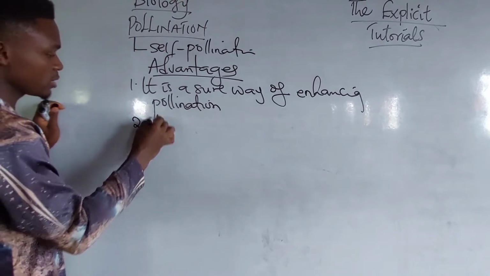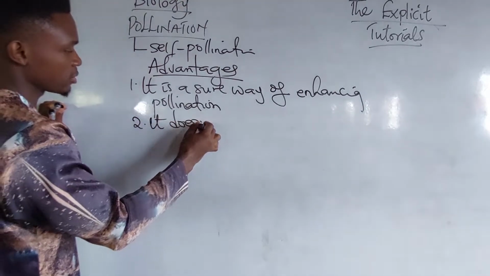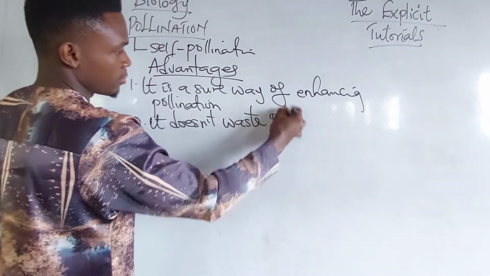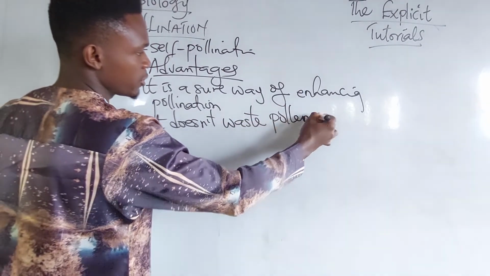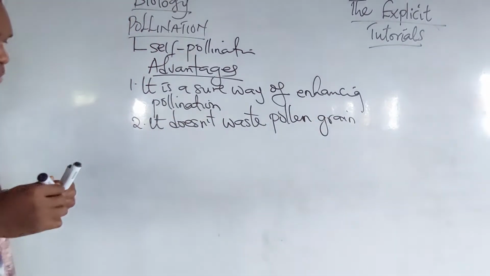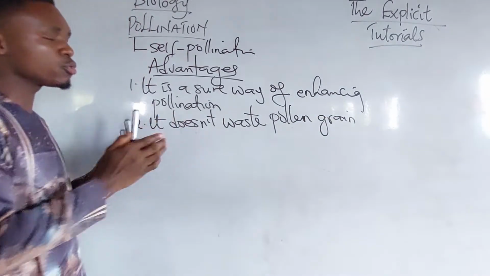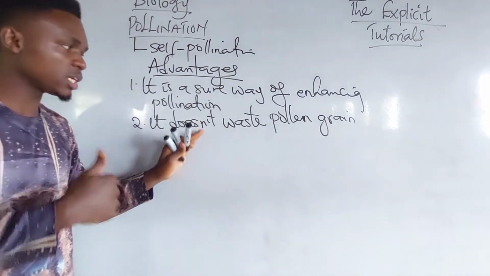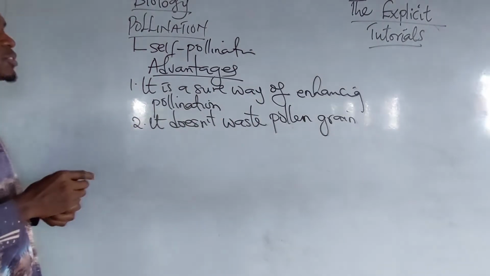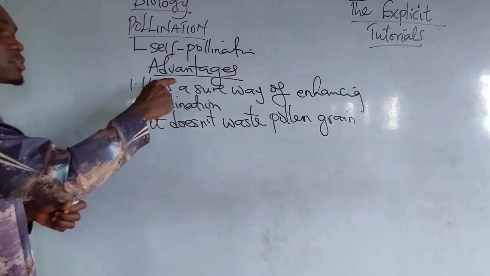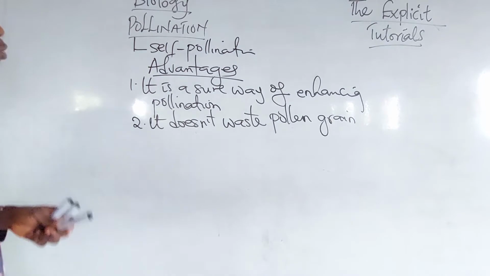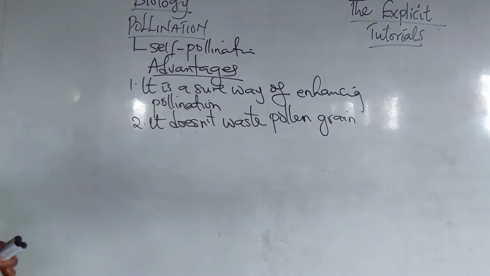Two, it doesn't waste pollen grains. Since it involves just one parent, it won't use much pollen. These are the two advantages of self-pollination.